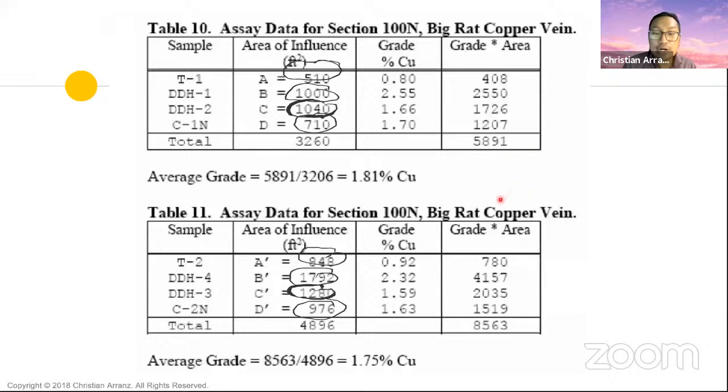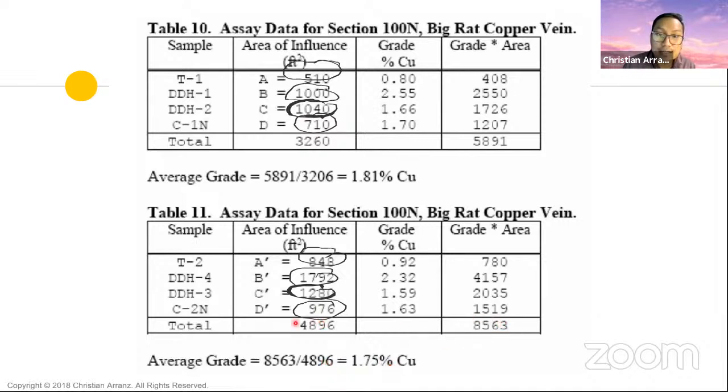The grade of the entire block is calculated from the grades of each section, tapos naka-weight siya. Diba? Weighted average lang din. So, etong area multiplied by the grade, ito siya. Tapos sum of these products divided by the total area.